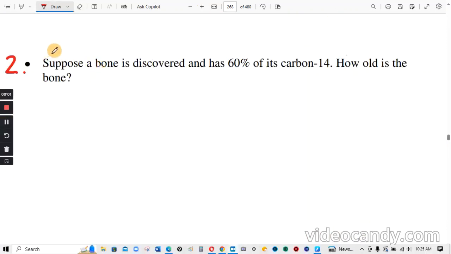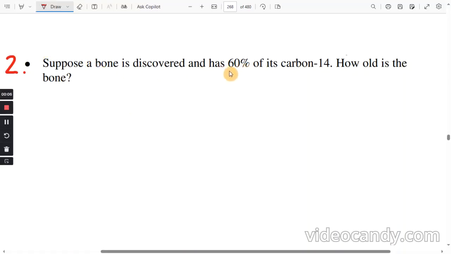All right, example 2. Suppose a bone is discovered and has 60% of its carbon-14.